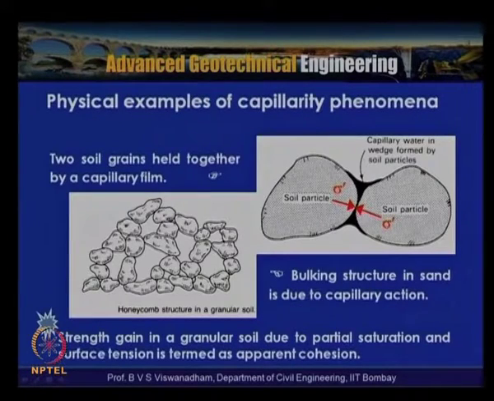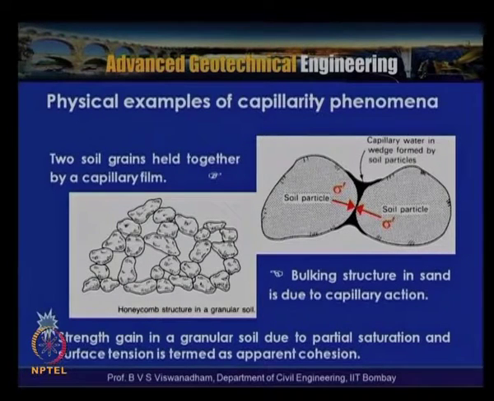Another physical example of the capillarity phenomenon is honeycombing. We have discussed soil fabric: in some sand particles, when they are moist and a film surrounds the sand particles, this results in a honeycomb structure in some granular or sandy soils.